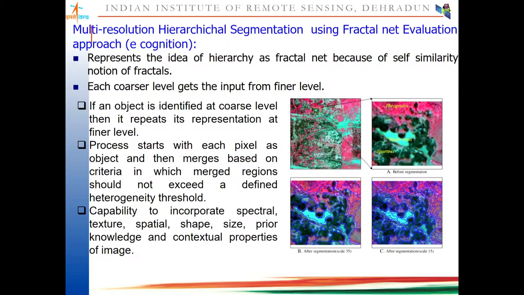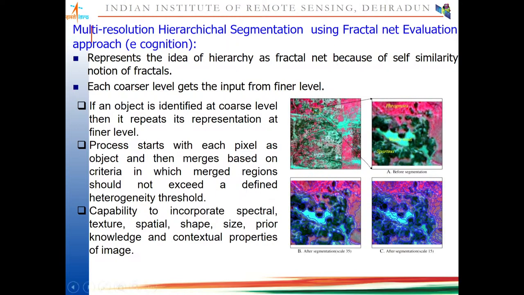Now if you see here, this represents the idea of hierarchy as fractal nets because of their self-similarity notion of the fractals. So as we know, fractals are entities which are self-similar. So each coarser level gets the input from the finer level. Now if an object is identified at coarse level, then it repeats its representation at the finer level.